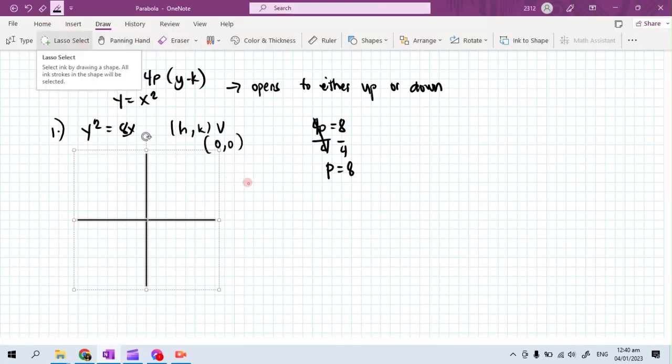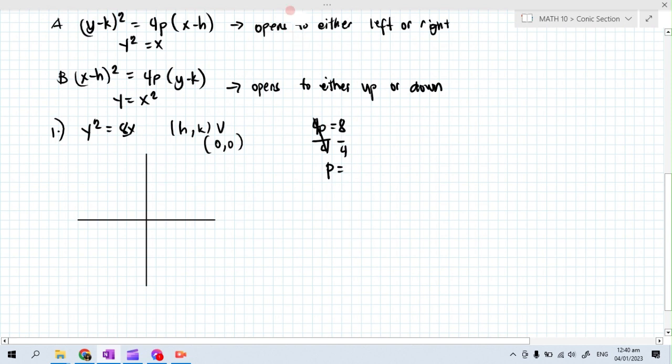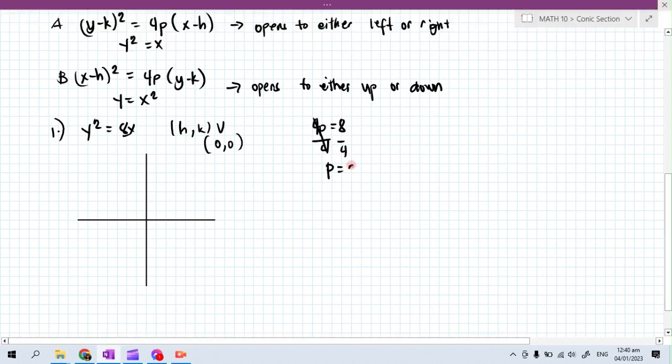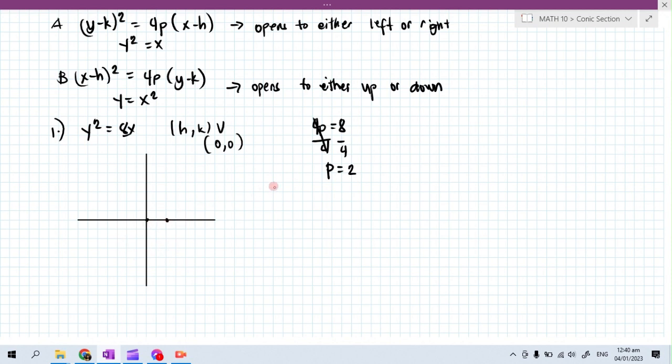Oh no, sorry, p is not 8, p is 2. So from the origin, our vertex, our focus is here, and our directrix is here.